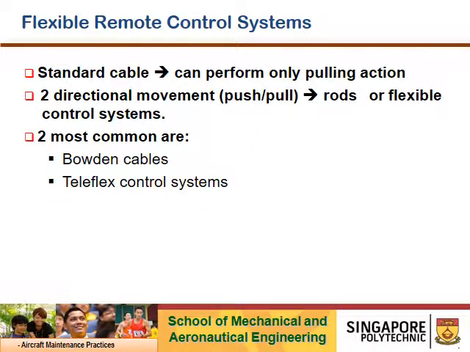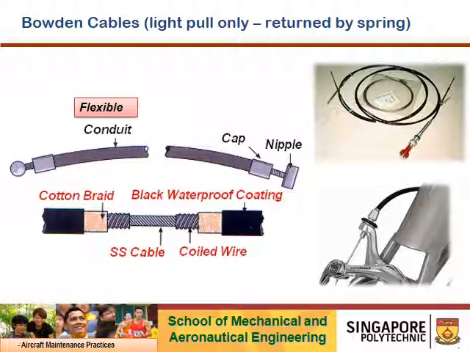So let's look at it. This is the Bowden cable. It can pull, but the push force will be returned by the end cable fitting. It's something like our bicycle attachment. It's not magic or magically designed; it's using this philosophy, pulling and return by spring.